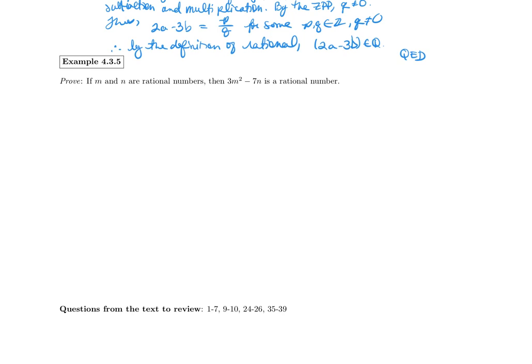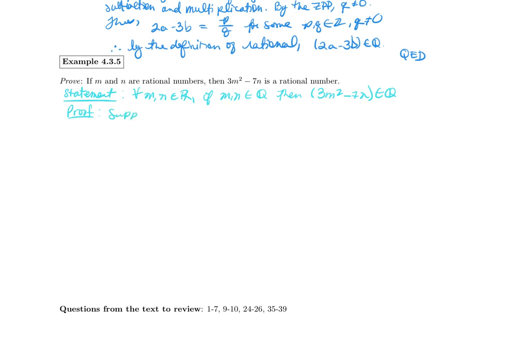Okay, let's try it. So let's start with our statement. Our statement says, for all m and n in the set of real numbers, if m and n are rational, so they're in the set of rational numbers, then 3m squared minus 7n is also rational. So we're going to start our proof in the same place.